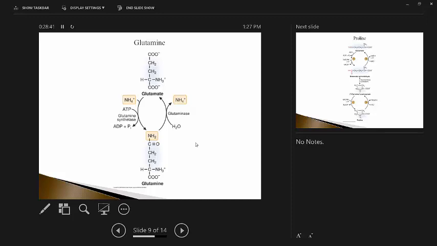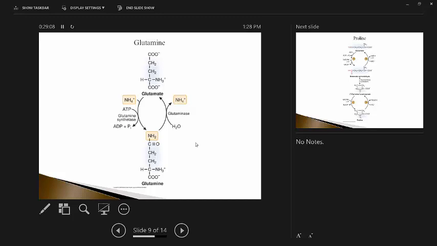So why in the brain would we be making glutamine? What does making glutamine get rid of? Ammonia. So you make glutamine in the brain and in other tissues, but in the brain, remember, ammonia isn't good to have. So you make glutamine and let it go into the plasma.